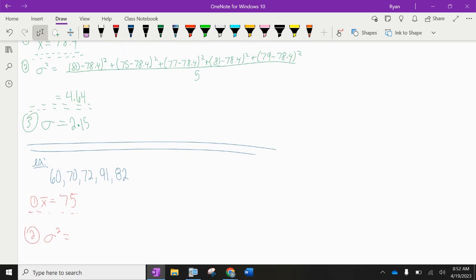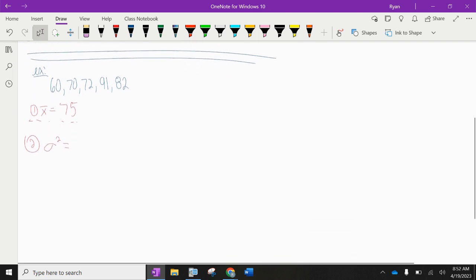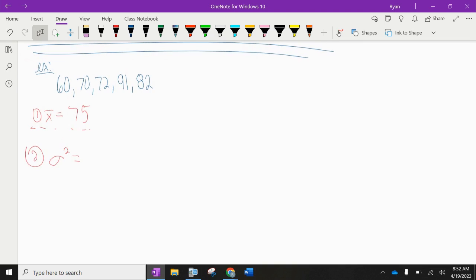Can you calculate this variance? And this is the long step. A lot to put into the calculator. I'll give you a chance to edit all that in there.